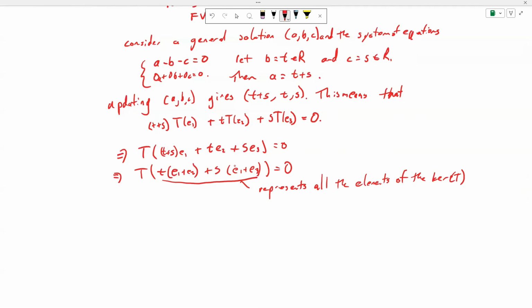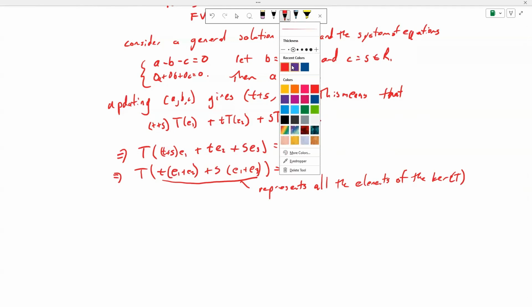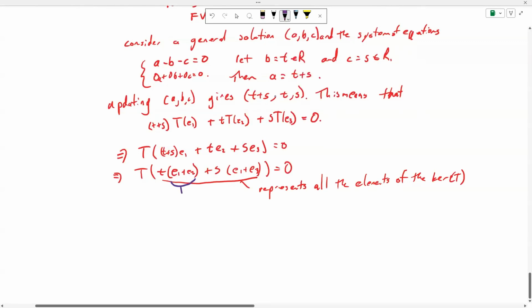Which means I can use this vector here and this vector here as my basis vectors for the kernel of T. And these two vectors are (1, 1, 0) and (1, 0, 1).